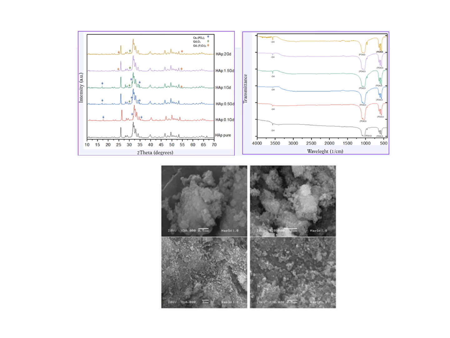In the XRD analysis that I present to you, the spectrum corresponding to hydroxyapatite was identified, this one, as well as secondary phases such as tricalcium phosphate in blue, gadolinium phosphate in orange, and gadolinium oxide in blue that are present in some doped samples, as you can see in these spectrums.